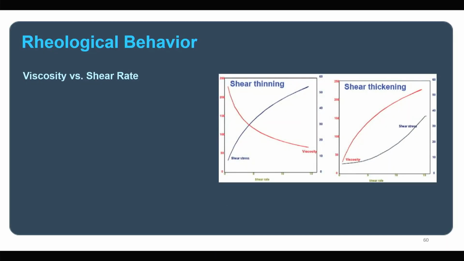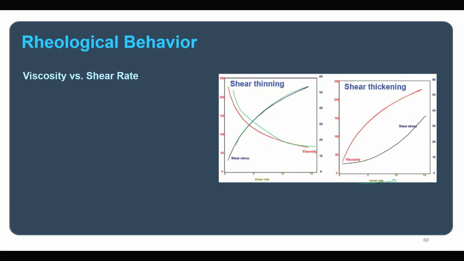So, you can see the viscosity and shear rate here. As the shear stress increases, you can see that viscosity reduces; this is shear thinning.